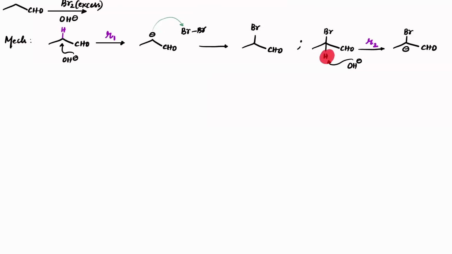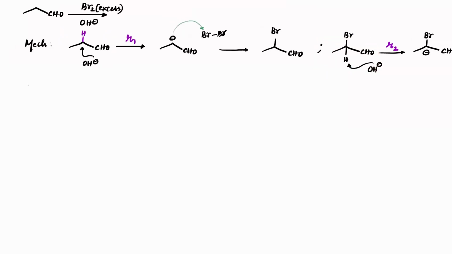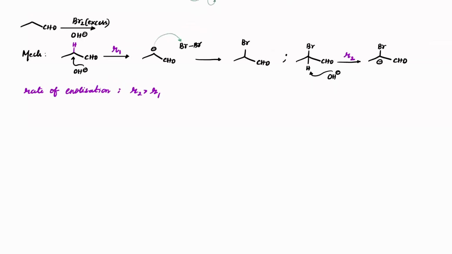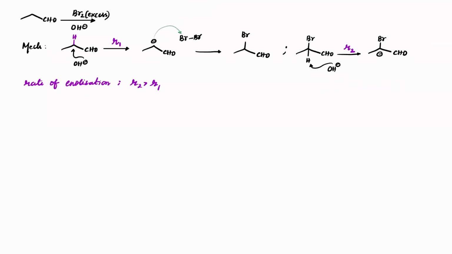So removing this hydrogen is much easier. Therefore, if you compare the rate of enolization, R2 is greater than R1. And that is kind of helping the reaction to happen again. So this enolate will form even better compared to the first enolate ion.